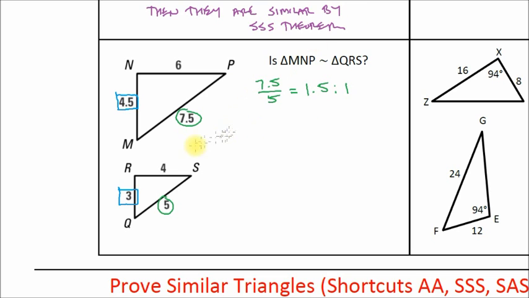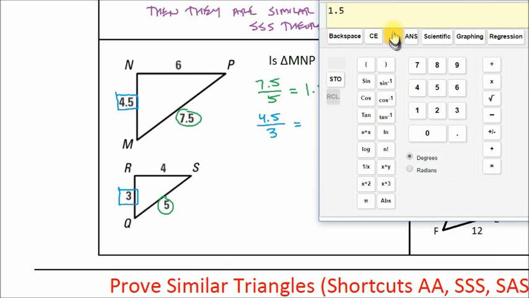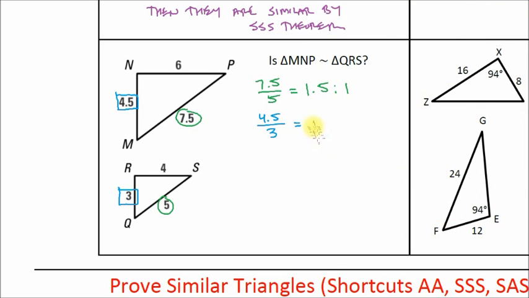Let's try the next one. So now we got 4.5 was our smallest side, and that goes together with 3. I'll put that in my calculator. 4.5 divided by 3, and I've got 1.5. So our scale factor is 1.5 to 1. And then let's do the final one.